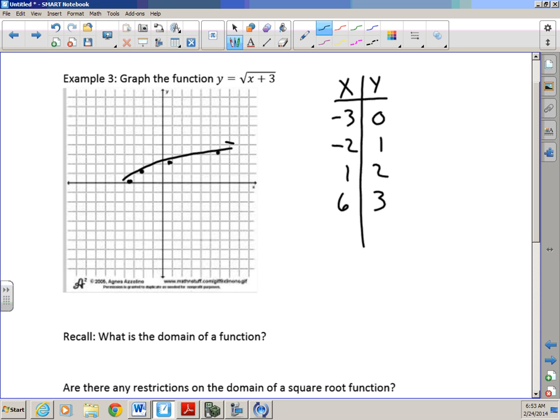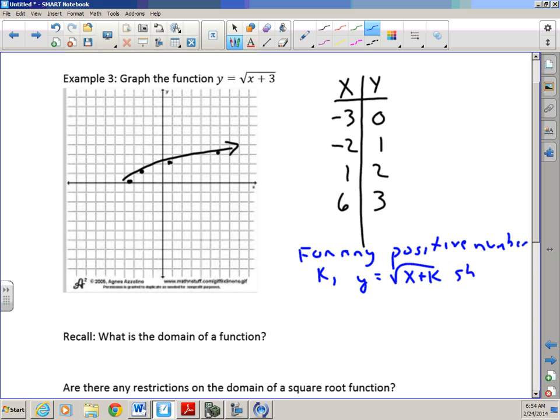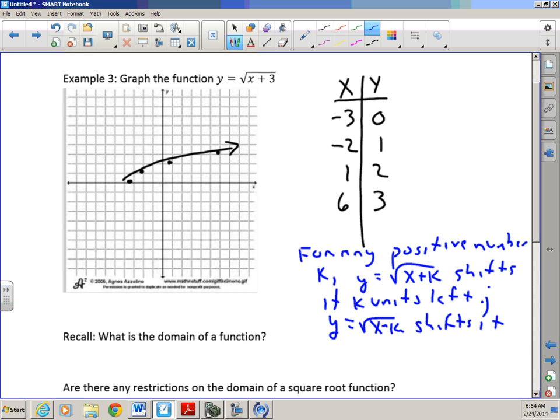So now hopefully you're seeing that for any positive number k, y equals the absolute value of x plus k, where k is now under the radical, shifts it k units left, and y equals x minus k shifts it k units right.